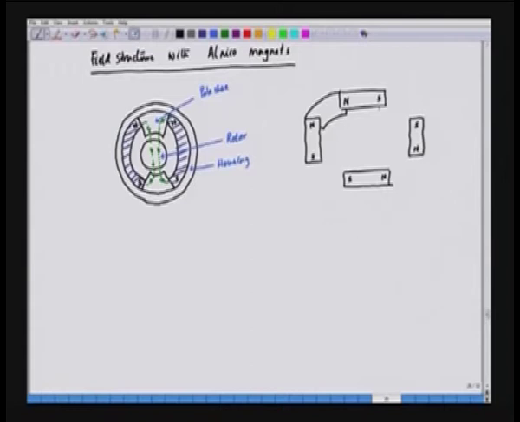And this is the machine structure. So, this is the pole shoe here.